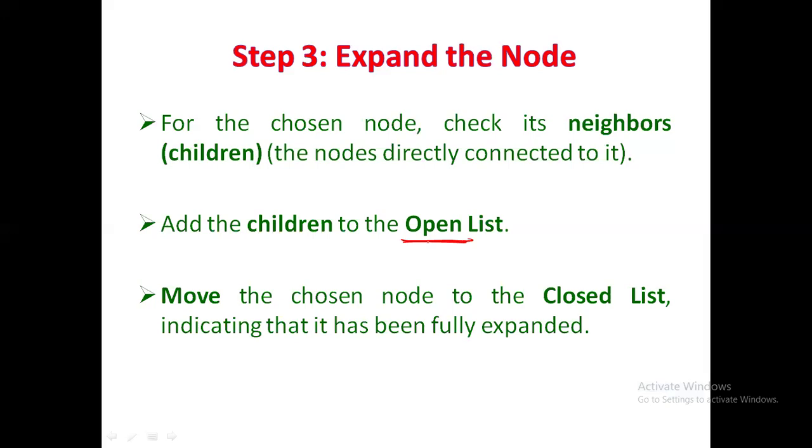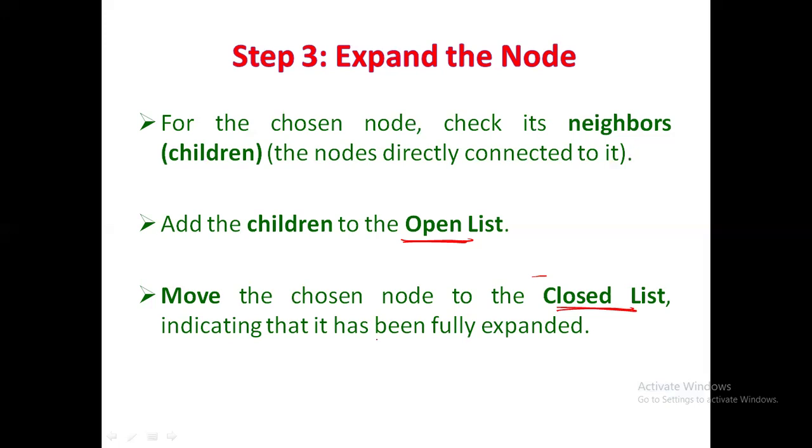After expanding the current node and adding its children to the open list, the current node is moved to the closed list, signifying that it has been fully explored. This step ensures that the algorithm keeps track of which nodes have been visited and avoids unnecessary re-expansion of nodes already explored.